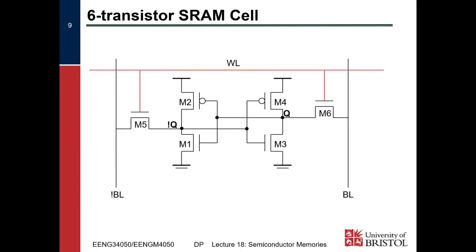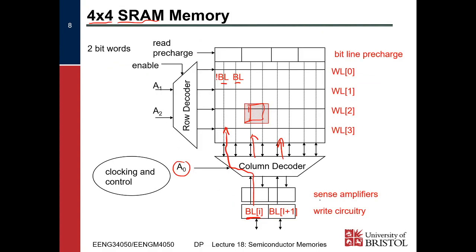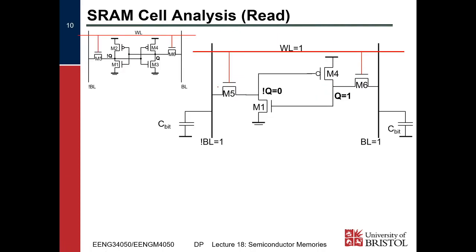So the actual SRAM cell, remember we saw that the most transistor efficient way to do an SRAM cell is to have two cross-coupled inverters, and that will give us our bistable circuit. What does the sense amp do? I'm going to get to that in a moment, so just bear with me. The sense amplifier is down here, this component here, and I will describe it in a moment.